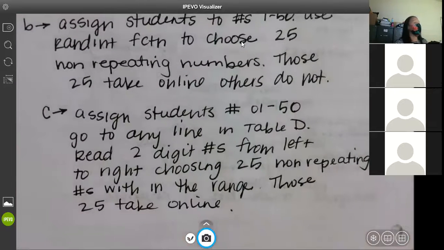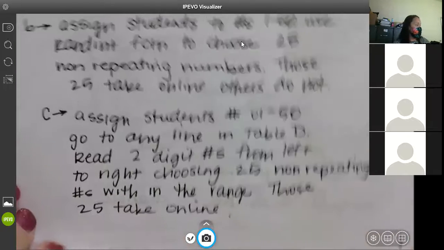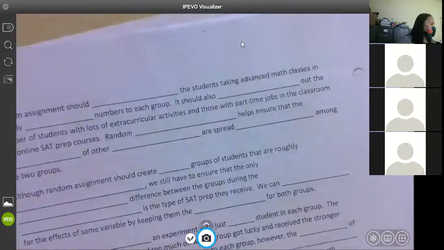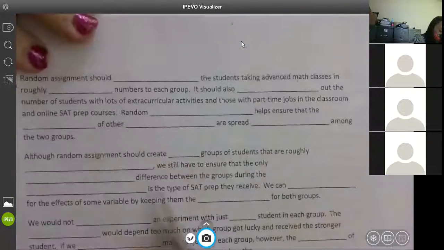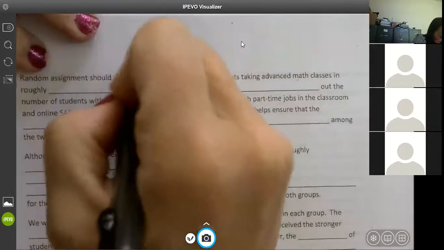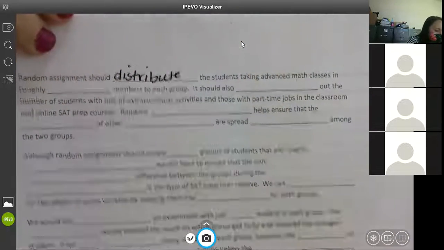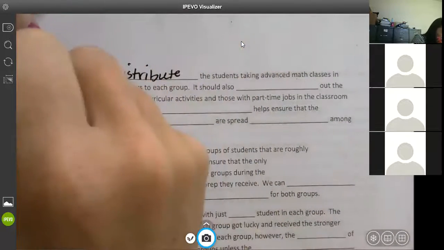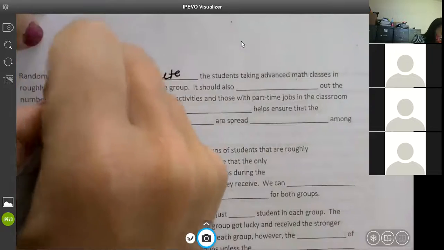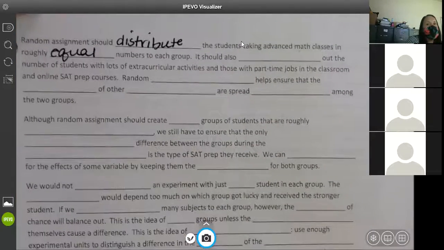All right, it's going to get bigger. Okay, it'll get bigger. Everybody good? All right, random assignment should distribute the students taking advanced math classes in roughly equal numbers to each group.